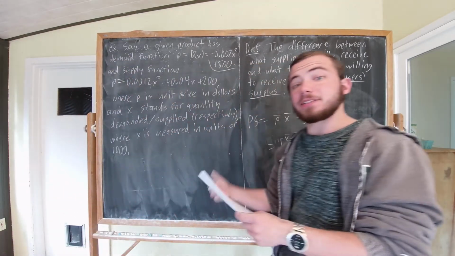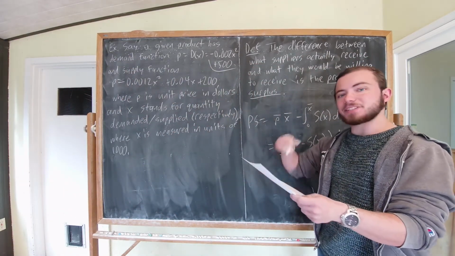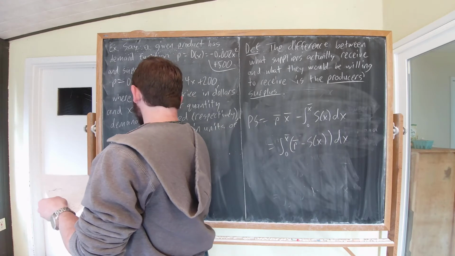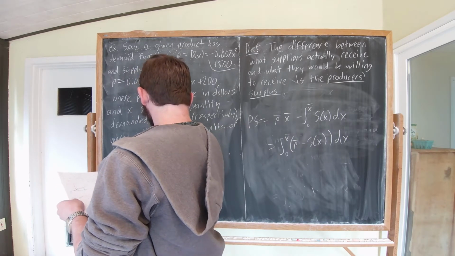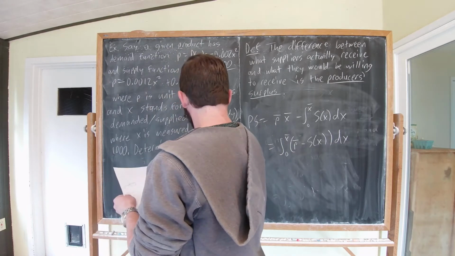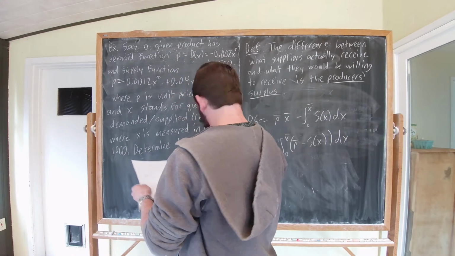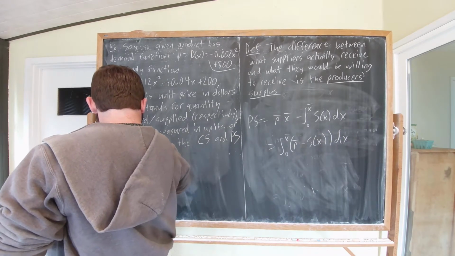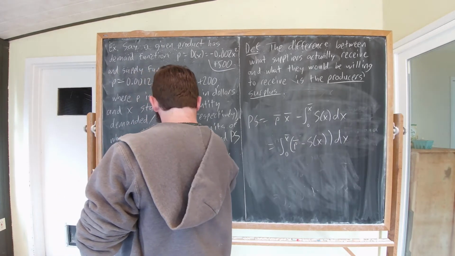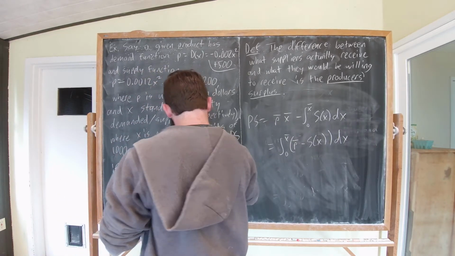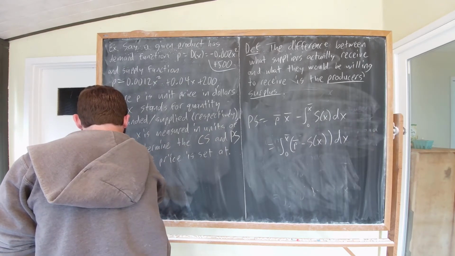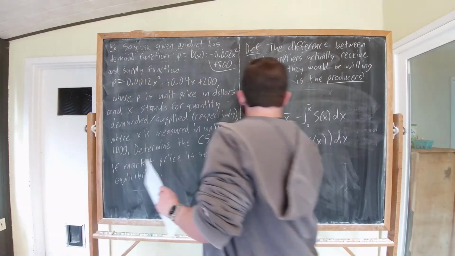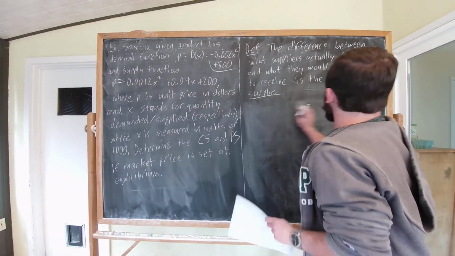Our goal is going to be to determine the consumer surplus and the producer surplus at a certain point. At the point when the market price is set at equilibrium.